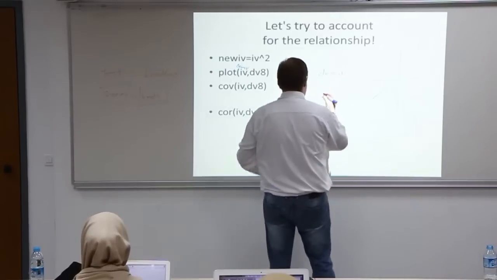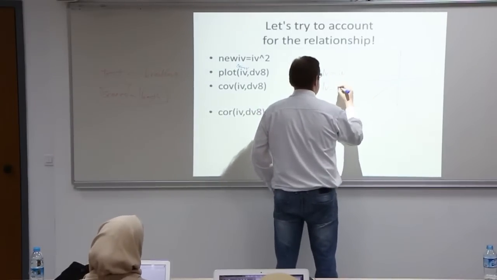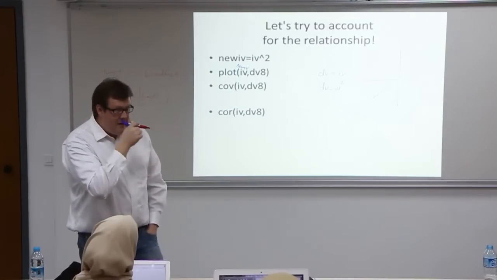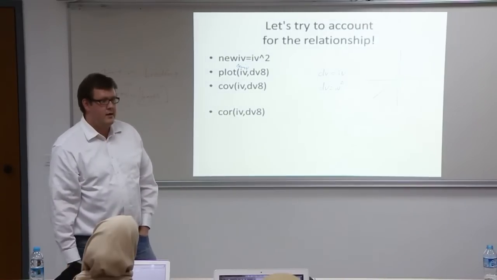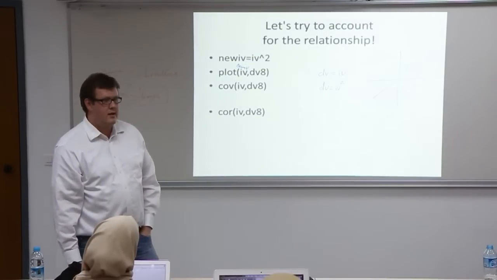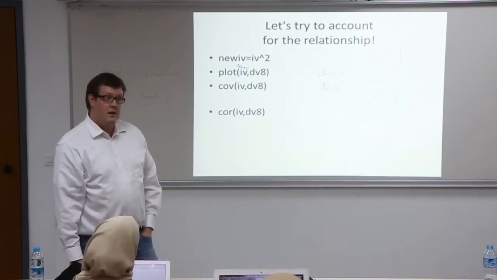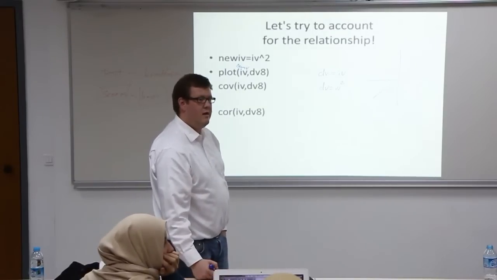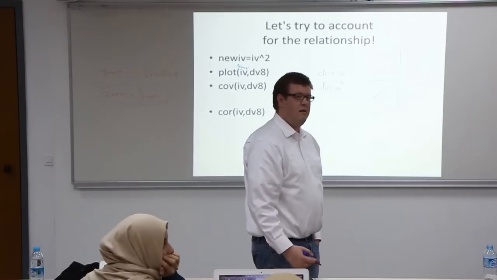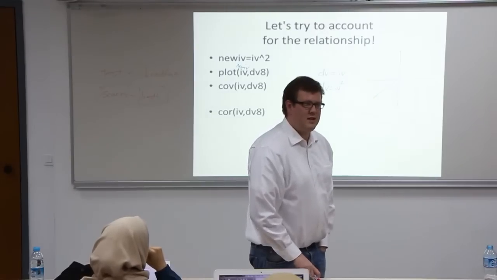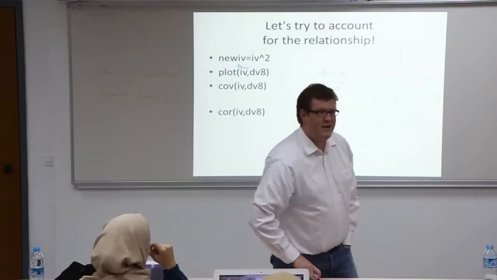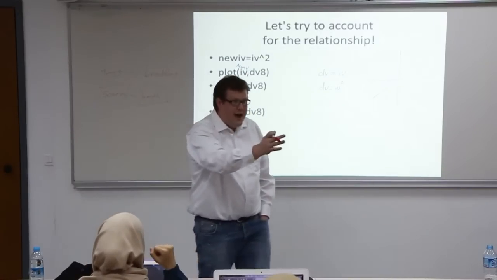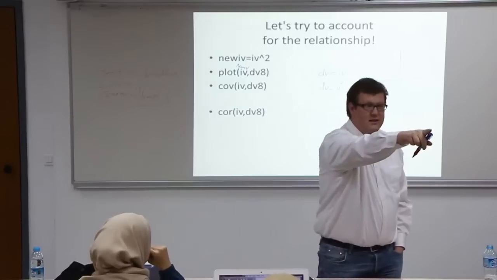Okay, so what if I say DV equals IV squared? I mean, y will stay the same, but x is going to be the square of every x we had in the beginning. No, it will be from 0. It's going to be from 0. It sounded like you were on the right track, but I didn't understand the last part.